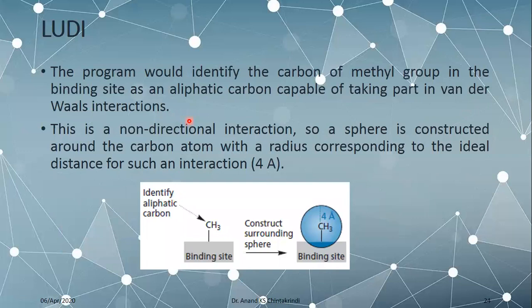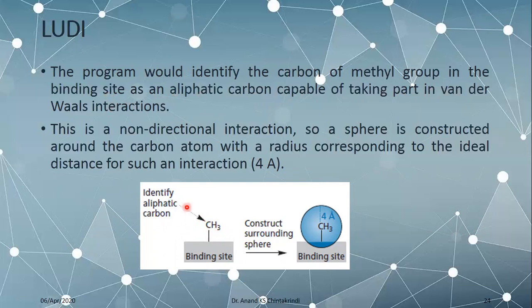So how does this program do this? A program would identify the carbon of the methyl group in the binding site as an aliphatic carbon capable of taking part in a van der Waals interaction. So you have, say, an alanine residue, which has a CH3 side chain. So it identifies this CH3 as an aliphatic carbon.